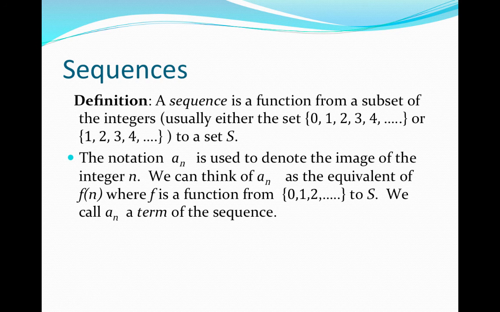So essentially, this a sub n is going to be equal to f sub n, where f is the function which defines the sequence from either the set of natural numbers to the set S or the set of positive integers to the set S. And we will determine in which case we define a sequence according to which domain. So each element a sub n is a term of this sequence.